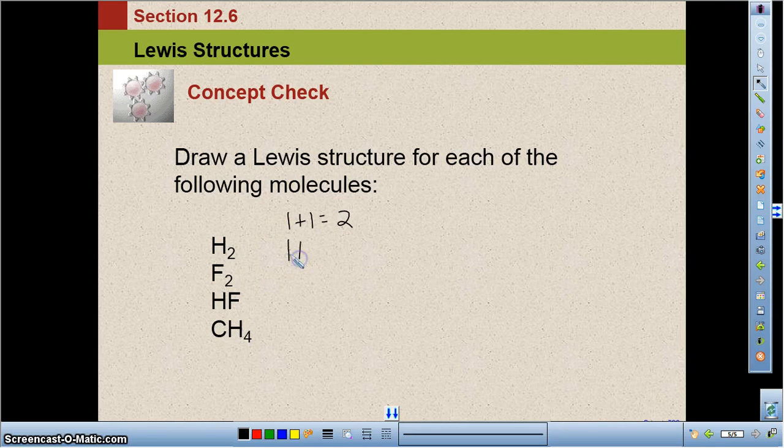So we're going to put hydrogen bonded to hydrogen. We check to make sure we have the duet rule for both. So this hydrogen has these 2 electrons, and this hydrogen has these 2 electrons. We double check to make sure I have the correct number of total valence electrons, which is 2, and there's 2. So that makes that the correct Lewis dot structure for the hydrogen molecule.